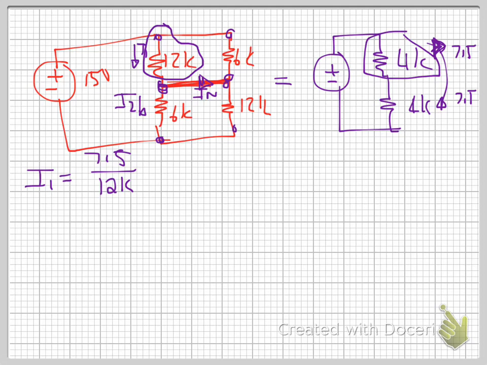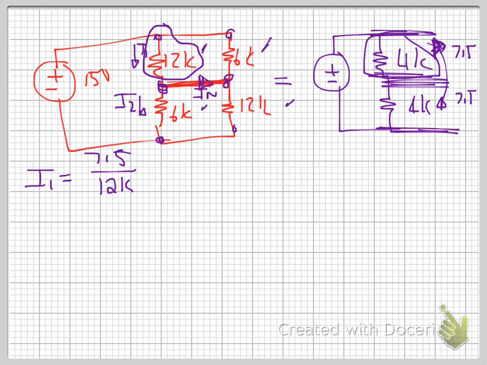Because of the parallel combination, there is an equal voltage split. That is something that you need to understand to do this problem. There's an equal voltage split between the two. So therefore you have 7.5 volts being placed across your 12K, 6K, 12K, and 6K resistors.